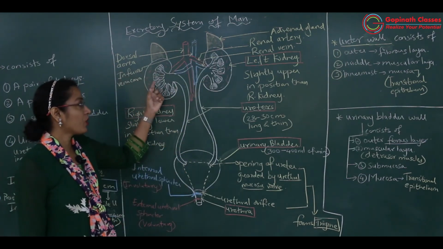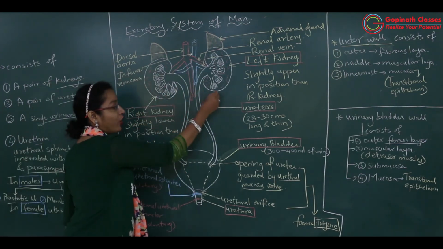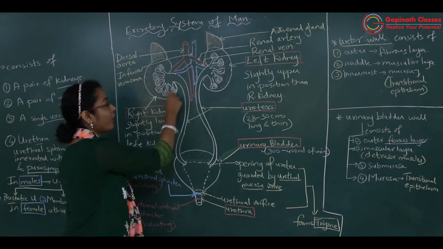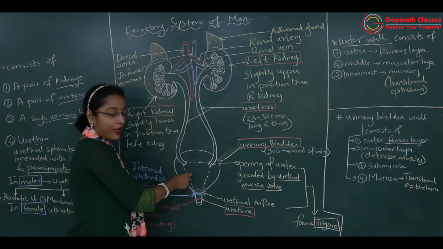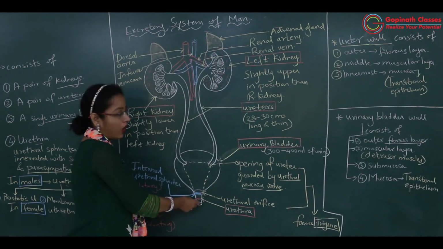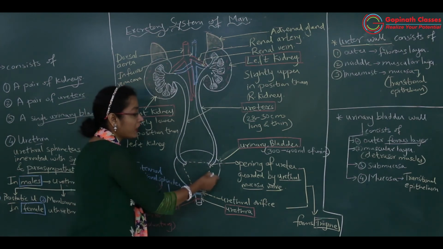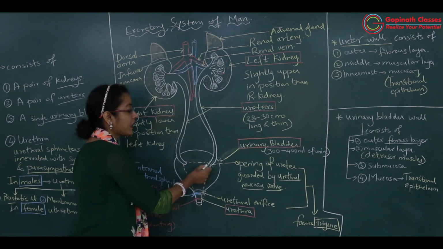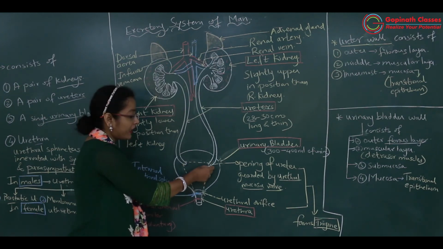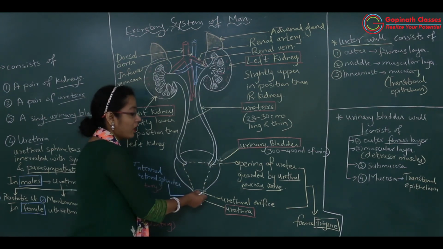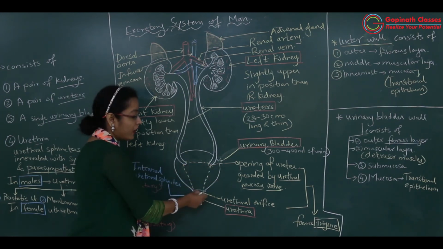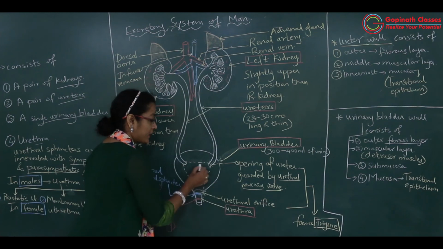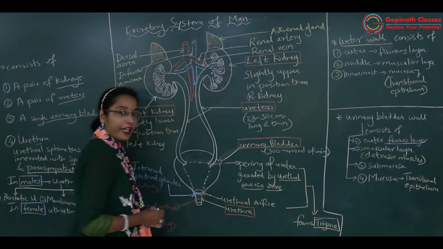In excretory system of man we have studied a pair of kidneys, then pair of ureters, single urinary bladder and urethra. Okay, so in the urinary bladder you can see there is angular opening of the ureter and there is one more opening which is opposite to the opening of the ureter, that is urethral orifice, which is forming trigone.